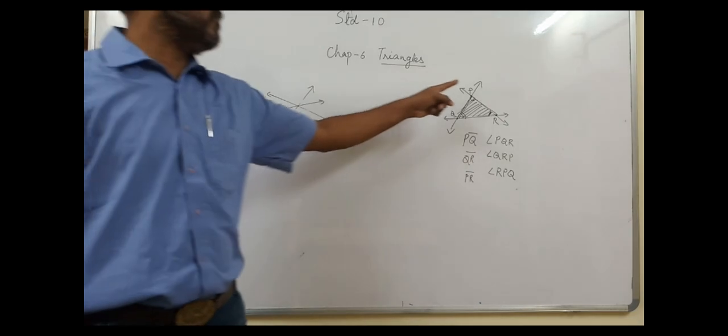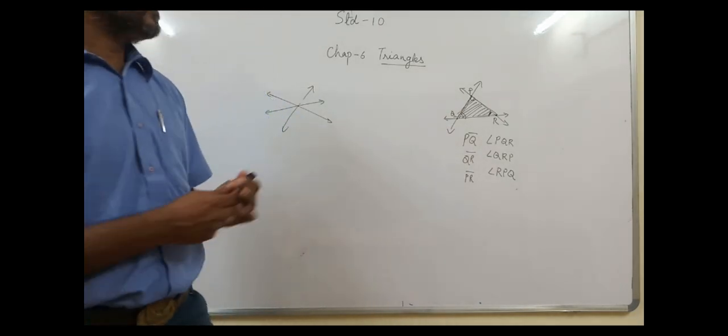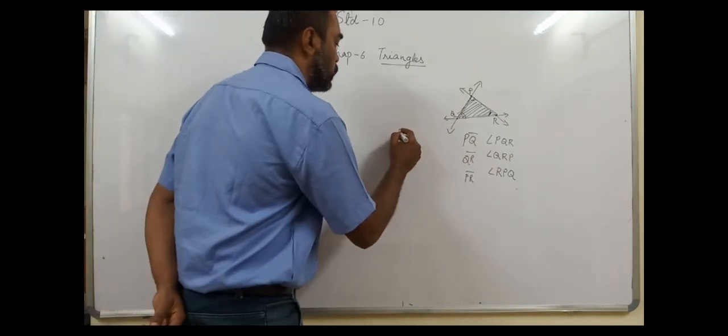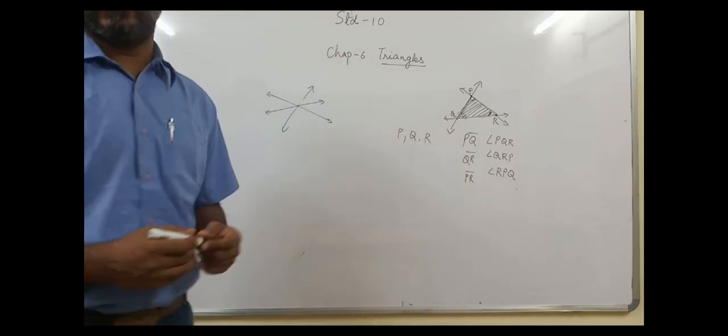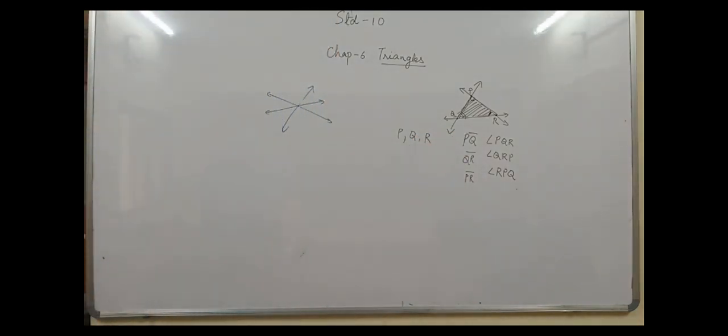The triangle has got 9 parts: 3 vertices, the points P, Q and R, 3 sides and 3 angles. So this is what you have done before.